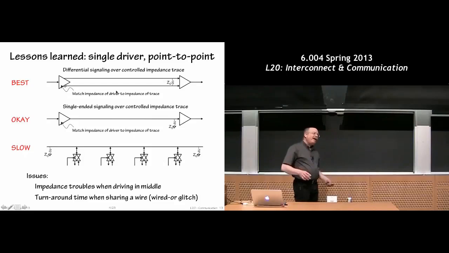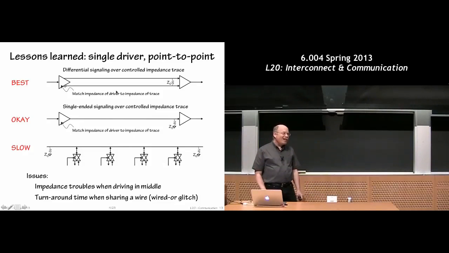So you do twisted pair, or you do something fancy with a PC trace to make sure they sample the surrounding noise in pretty much the same way. And the advantage of that is I don't care what happens to the wires together, because I'm only listening to the difference between them.